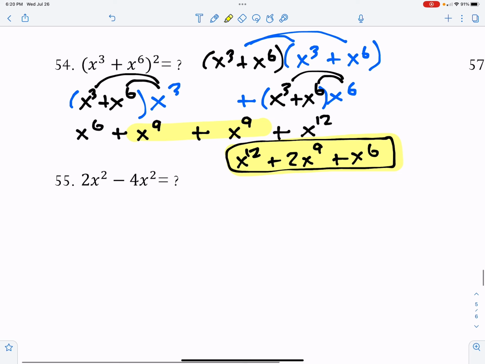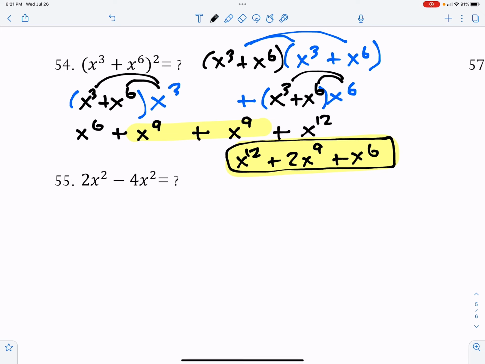Okay, number 55. Pretty straightforward, seeing as how they're both like terms. If you were going 2 minus 4, we would get negative 2, okay?